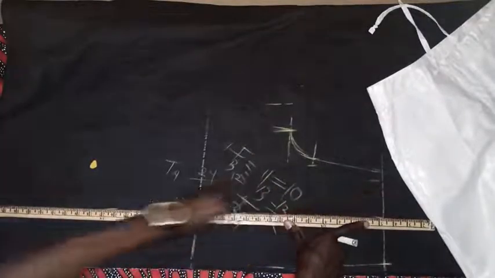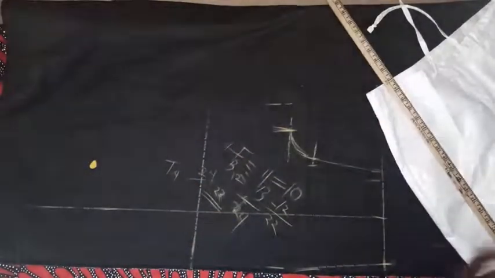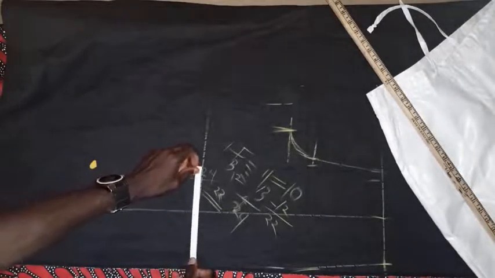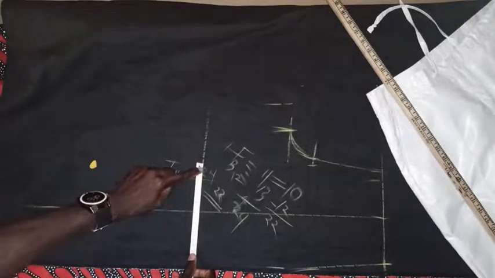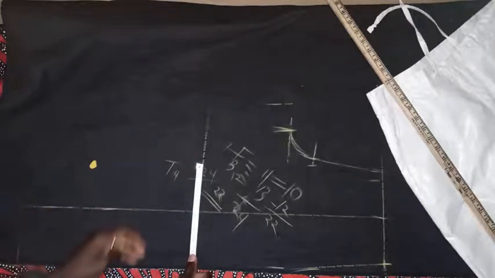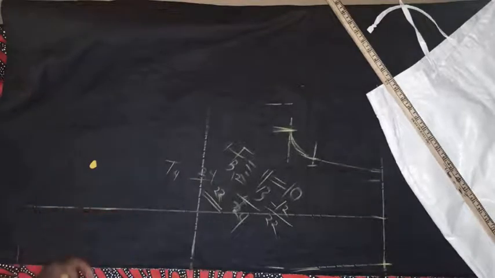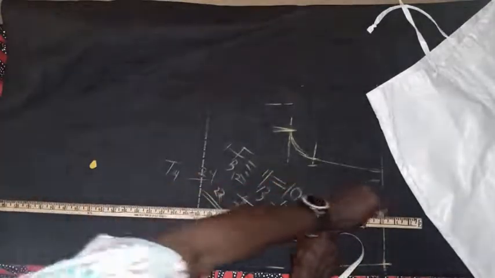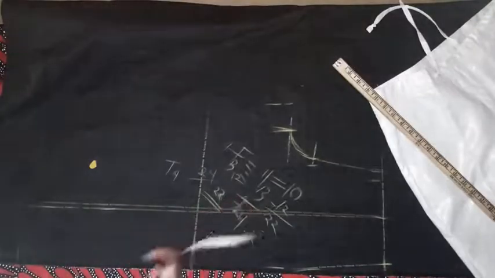knee measurement. So for this trouser, we said our knee measurement is 14, right? So if we divide 14 by 2, sorry, this line didn't come straight. If we divide 14 by 2, you are having 7.